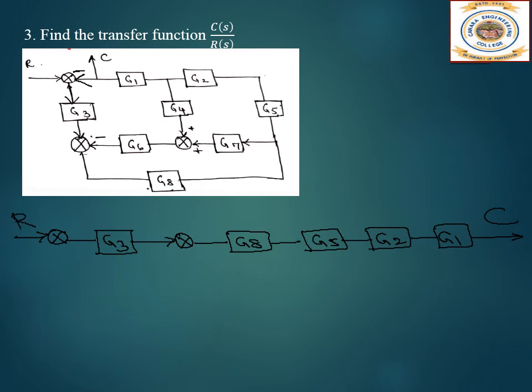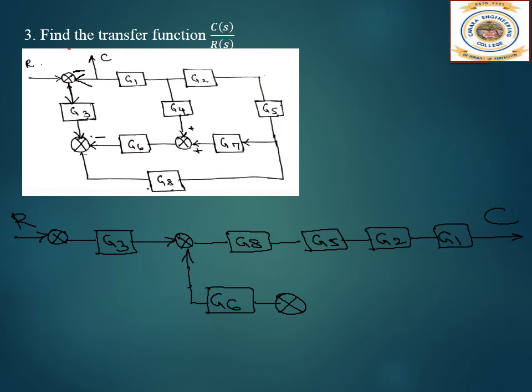Now we will do the other connections over here. Next, after G3, we have this summation point. What is connected here? G6. So the input to this comes through G6, so I will write G6. Then where does it come from?